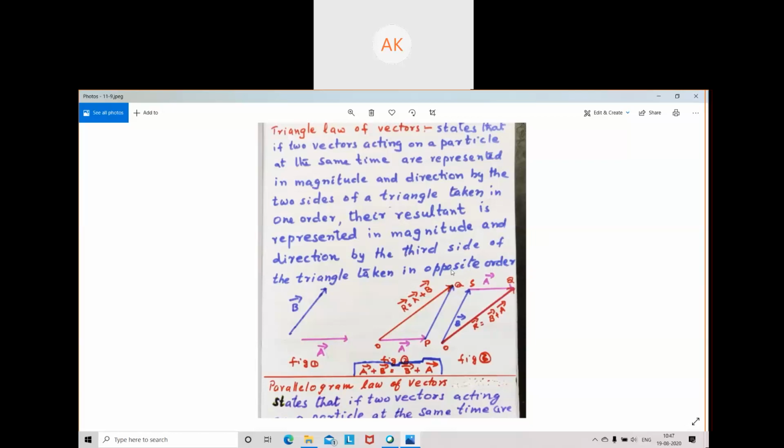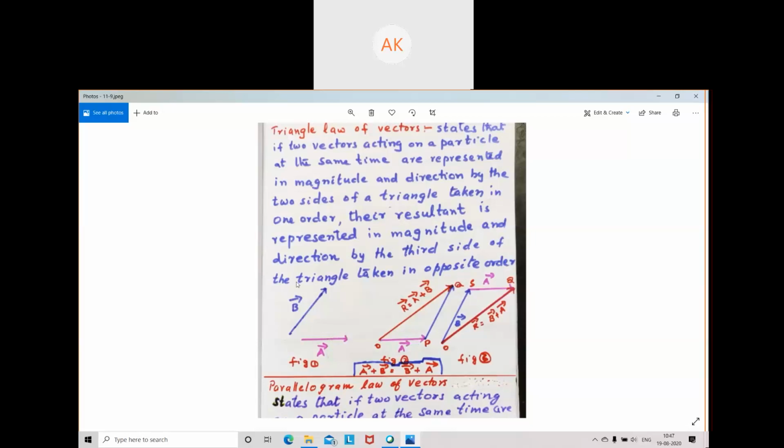Okay, I will explain again. Here we have two vectors, vector A and vector B. If these two vectors acting on a particle can be represented as the sides of a triangle taken in the same order, now in this case it is possible. Vector A is drawn as one side of the triangle.